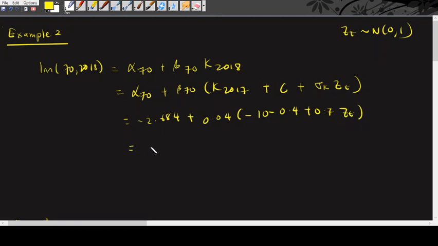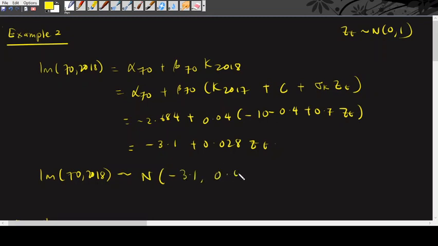So this would be equal to negative 3.1 plus 0.028 Zt. Since Zt is normal 0, 1, we can say that log M70 2018 is also normal with mu as negative 3.1 and sigma as 0.028.